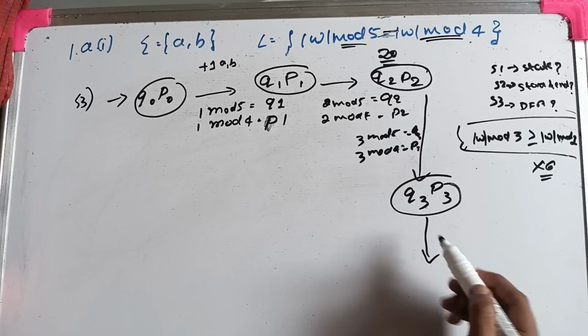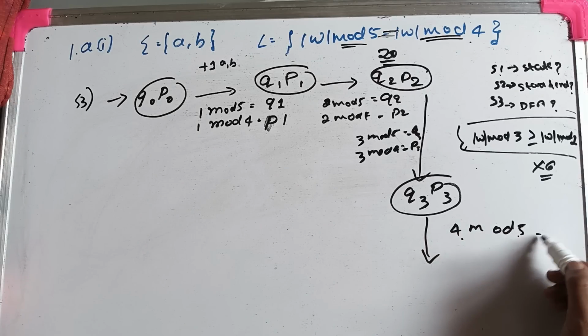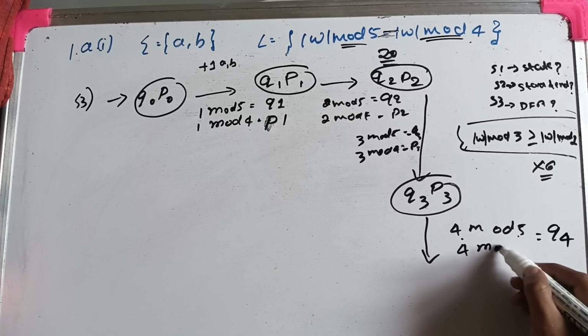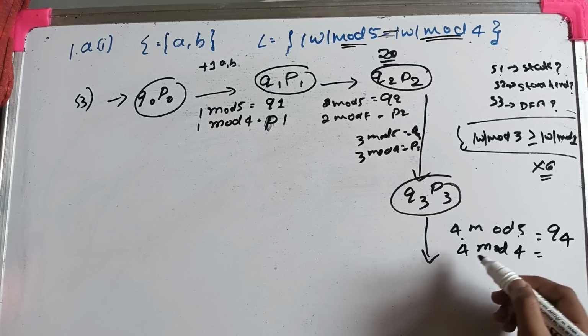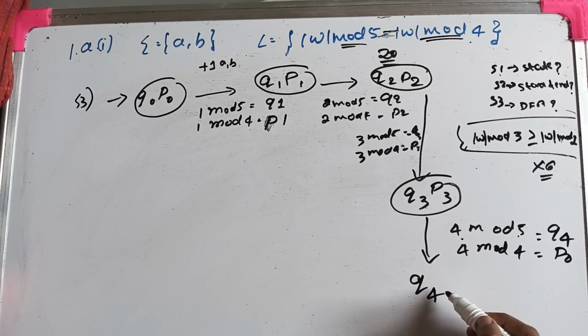After that one more, 4 mod 5. 4 mod 5 means 4, right? Q4, and 4 mod 4 means 0, correct? P0, that is Q4 P0.